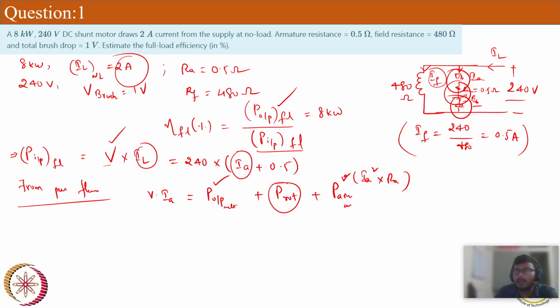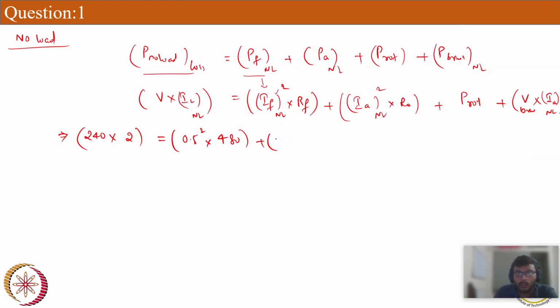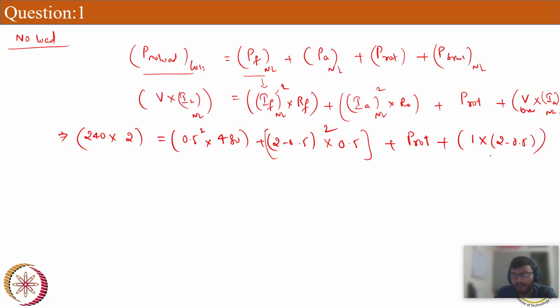Now my IA will be 2 minus 0.5, that is my armature current. Now square multiplied by RA, armature resistance is 0.5, plus P rotational, that is what is required, plus brush drop voltage of 1 volt multiplied by IA, the armature current, which is total supply current minus field current. Now from this the only unknown is P rotational.